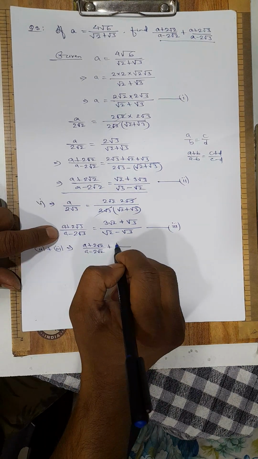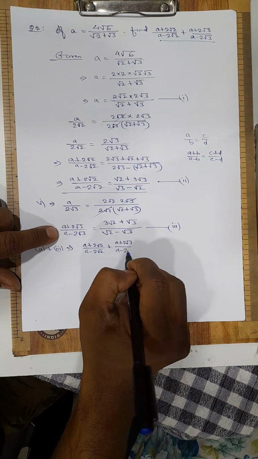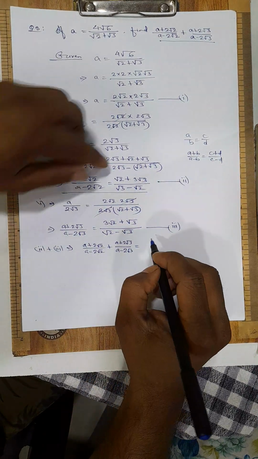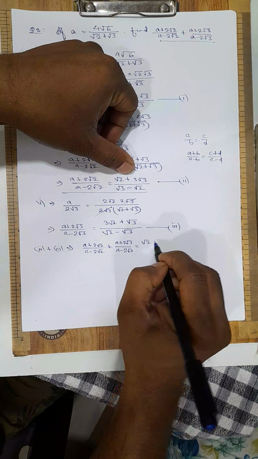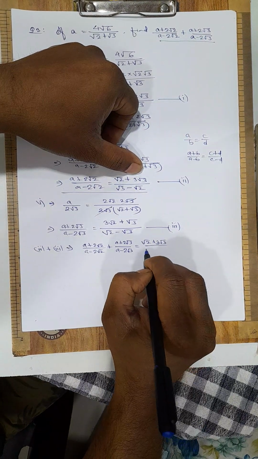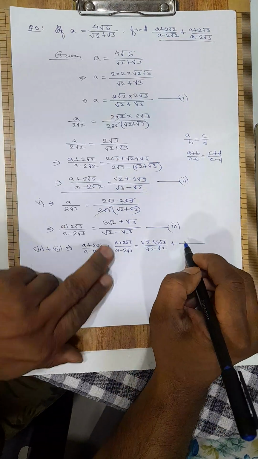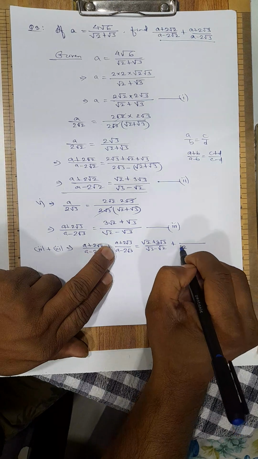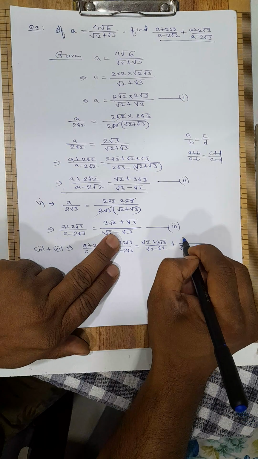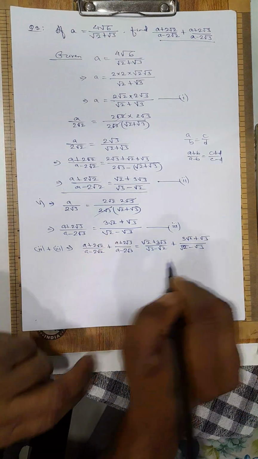Here also left hand side: (a + 2√3)/(a − 2√3) equals right hand side plus right hand side. Right hand side here (√2 + 3√3)/(√3 − √2) plus here right hand side is (3√2 + √3)/(√2 − √3). Numerator is 3√2 + √3.